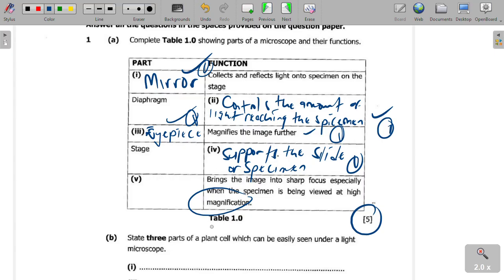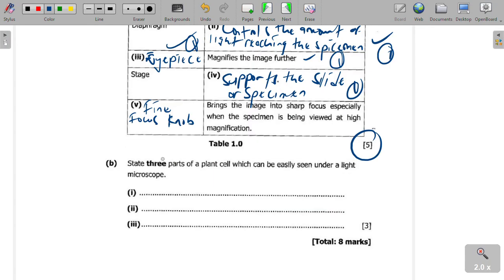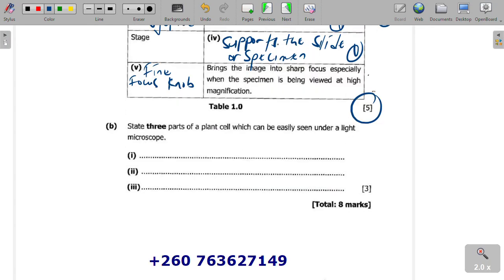So what part brings the image into sharp focus? This is the fine focus knob. The fine focus knob brings the image into sharp focus, especially when the specimen is viewed at high magnification. Here you have your 5 marks. Don't waste marks here. Make sure that you get everything.